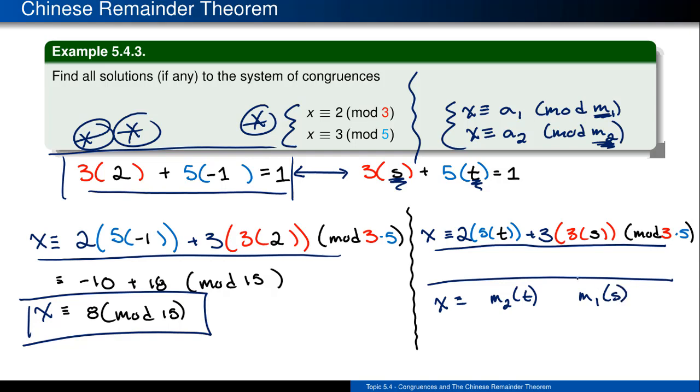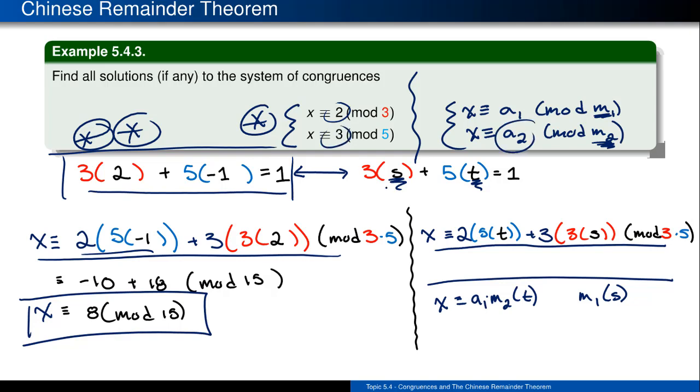And then I'm going to bring about these a1s and a2s. In this case, you can see that little 2 was the part that had to be multiplied by this blue 5. So my 2 is playing the role of this a1, and I know that little a1 is going to have to multiply over here. If I put a little a1 in front of it, it's going to match with what I have over there. Likewise, this a2 is the same thing as that black 3.